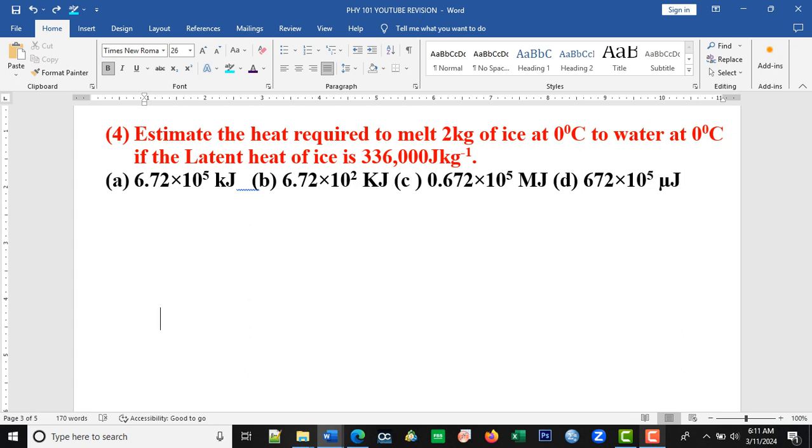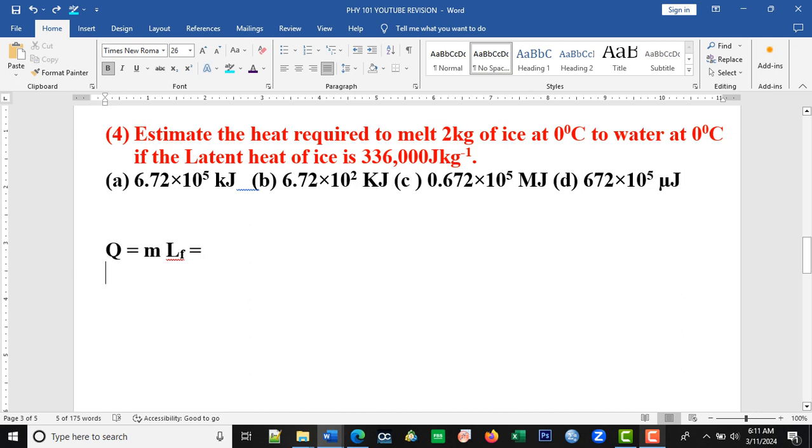Okay, so we are to estimate the heat, and we are being given the mass of ice to be 2 kilograms and the latent heat of fusion of ice to be 336,000. Alright, so let's continue.